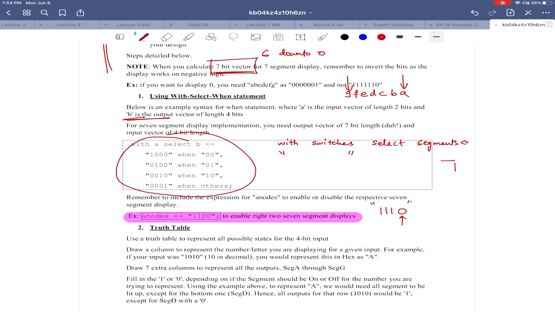So for a 0, if you wanted to display a 0, segment G is off, everything else is on. 1, 2, 3, 4, 5, 6, 7.